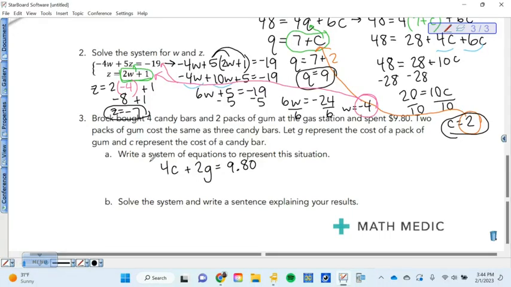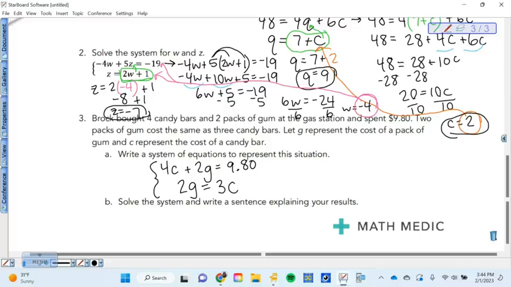Because the system of equations has to be more than just one. It has to be 2B equals 3C. Yeah, and I'm just going to call that 2G, G for gum, so 2G equals 3C, which is good. Now what? What can I do? Yeah, substitute what?